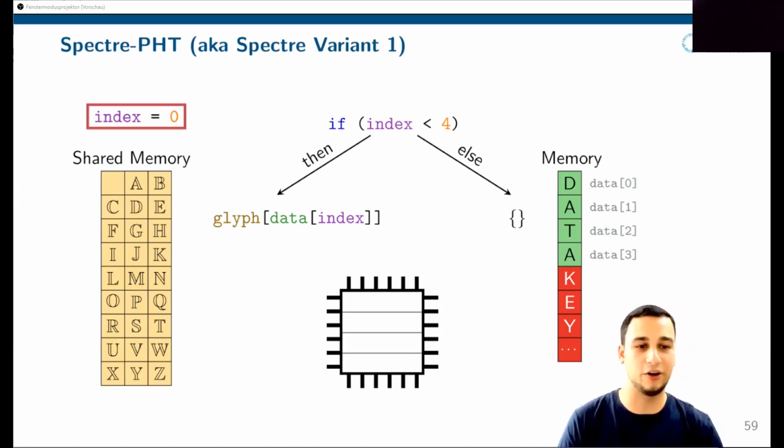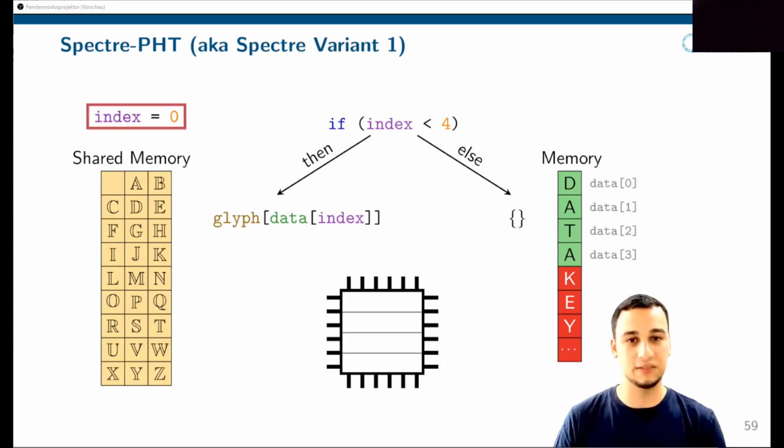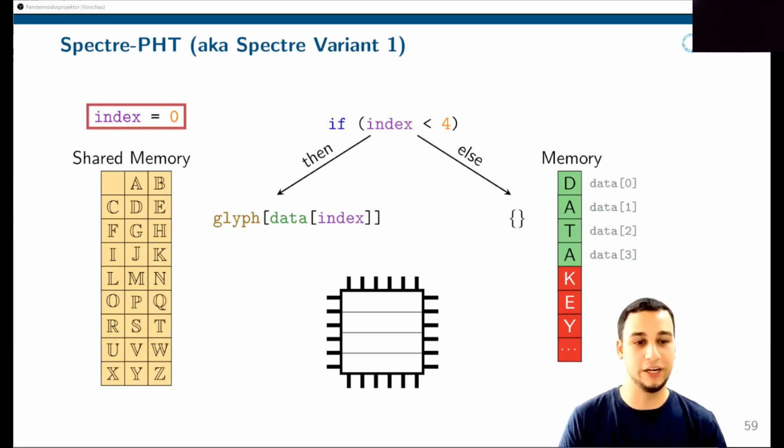We have memory in our application, data that we want to access, 4 bytes of data, and after that, a secret key that we are not supposed to access. That's why we have this if here that checks if the index we want to access is smaller than 4. Then we access data at the position of index, so either D, A, T, or A. And then we access a memory page here in the shared memory, depending on the value that we read from the memory.